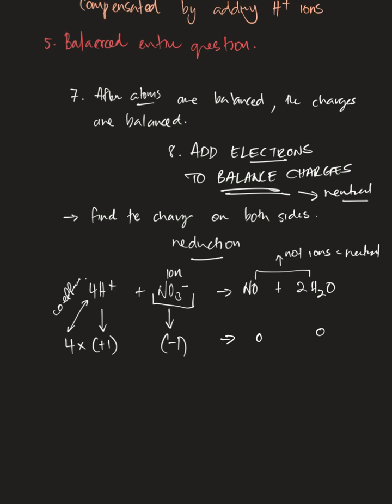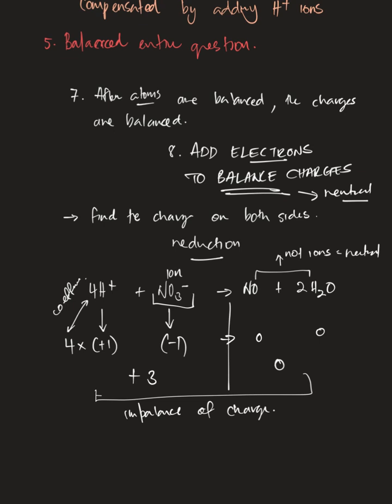So on this side, what I'm sitting with altogether is plus 4 minus 1, which is plus 3. And on the other side, I've got 0. Now, can you see that there is an imbalance of charge? An imbalance of charge.